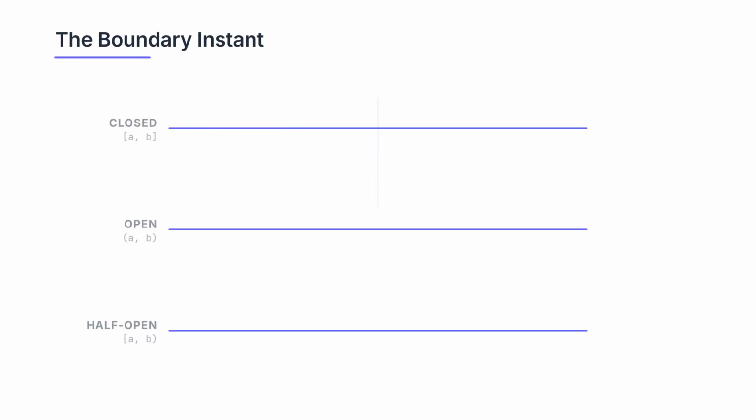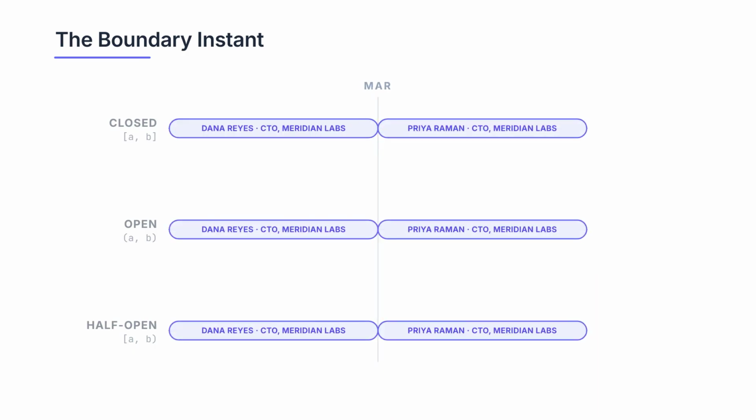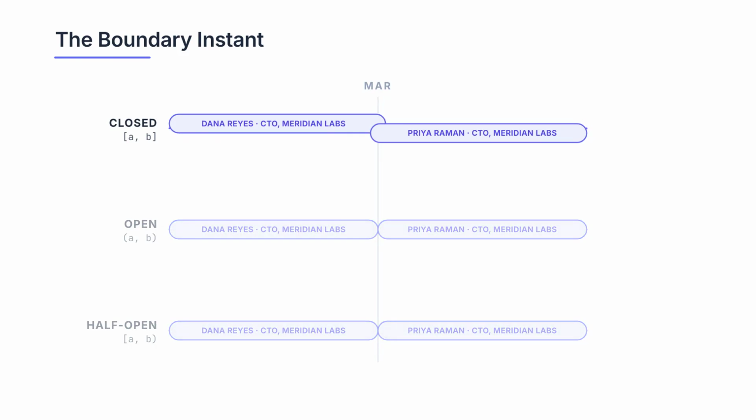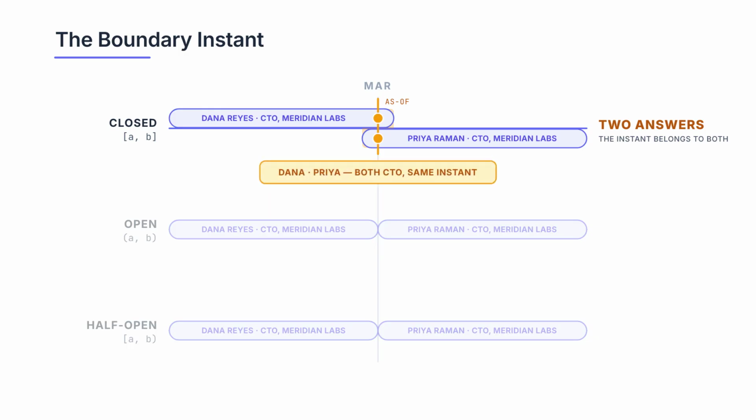Let's actually test that claim, because it is easy to say and much more convincing to watch. Here is one instant in time, the exact moment in March when the role changes hands. And here are the 3 conventions you could have chosen. If both ends are closed, that instant belongs to both facts, and your query cheerfully reports that Dana and Priya are simultaneously Chief Technology Officer of the same company.